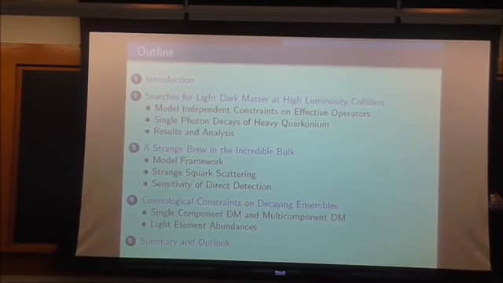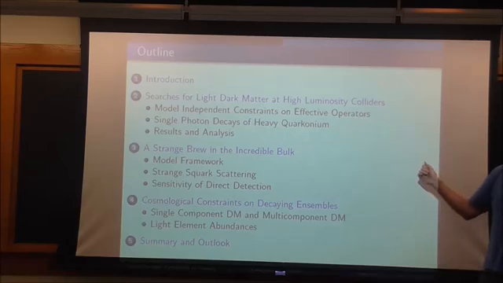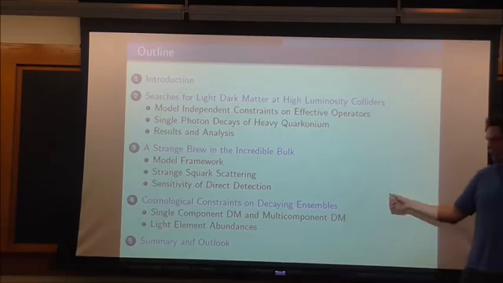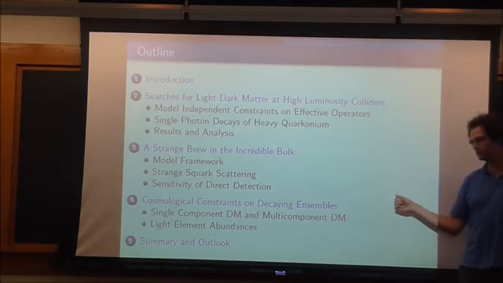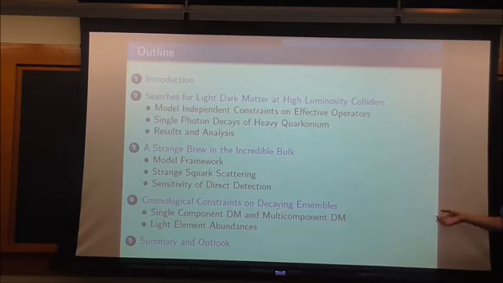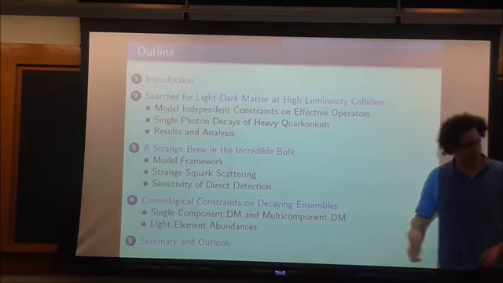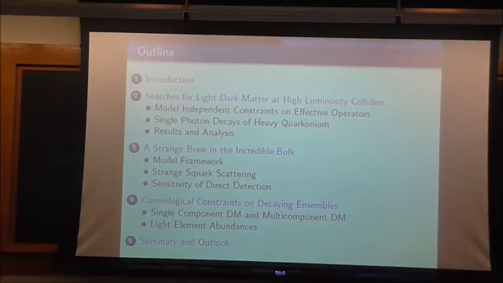I'll also be looking at, within the MSSM, a strange part of parameter space where you get spin-independent scattering through strange quark mixing. And then lastly, if I have time, I'm going to talk a little bit about multi-component dark matter, dynamical dark matter in particular as an example, and how it applies to constraints of the early universe, with an example in light element abundances.